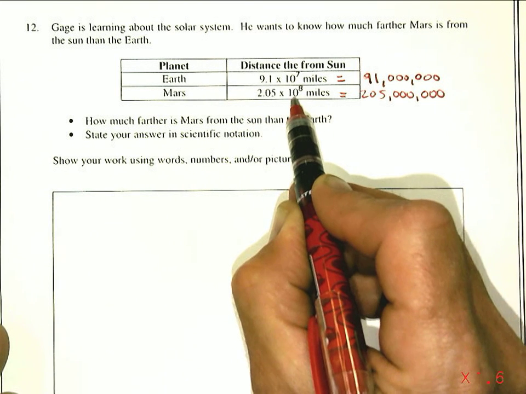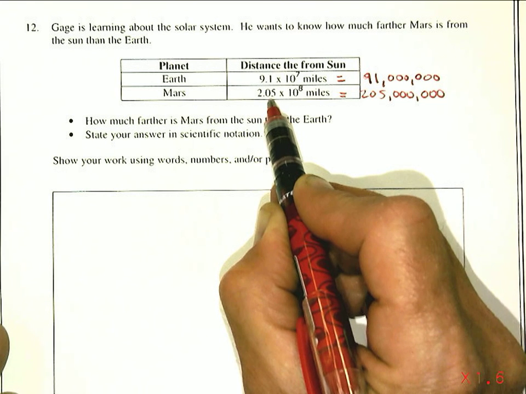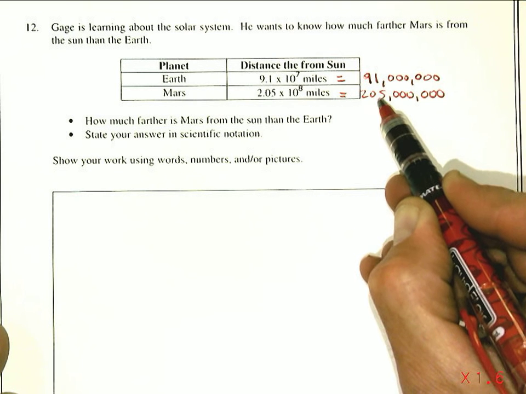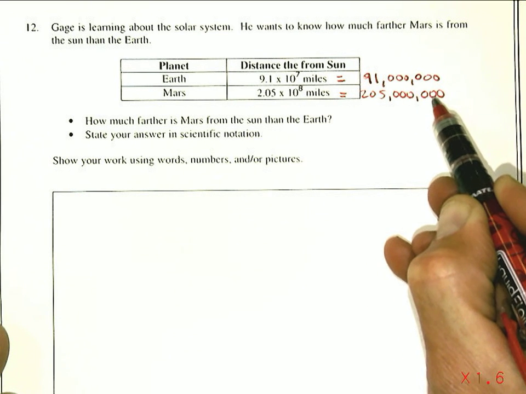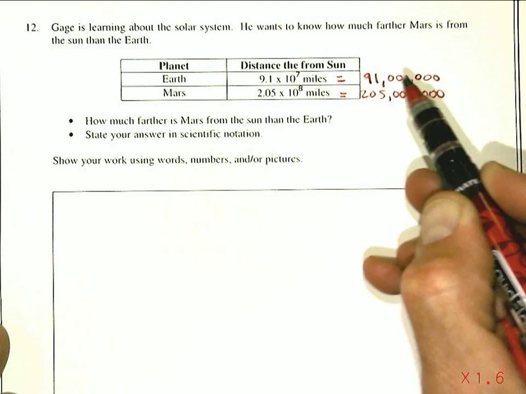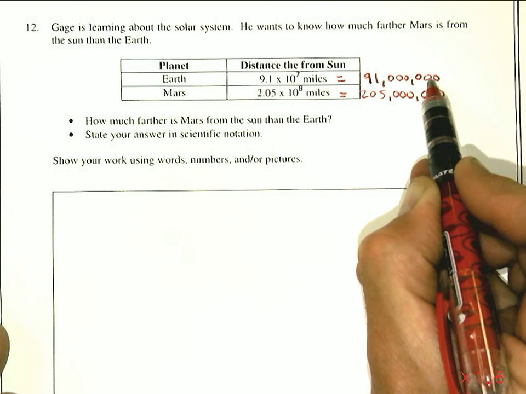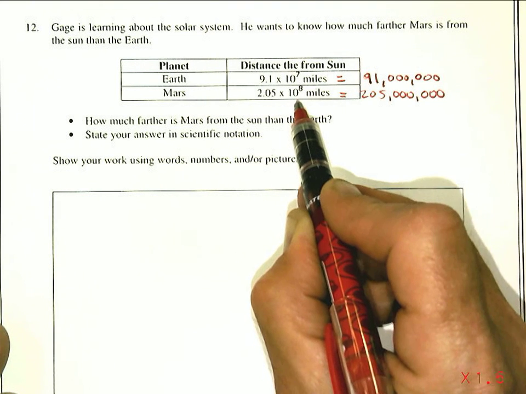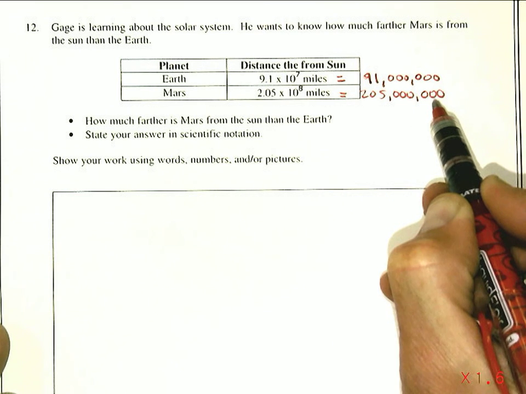In this case, this is a large number, so if I take that decimal point and move it 8 places to the right, 1, 2, 3, 4, 5, 6, 7, 8, that's what that number would be. And so now you can see these numbers in what's called scientific notation and standard form. Scientific notation, 2.05 times 10 to the 8th power miles, is the same as 205 million miles.